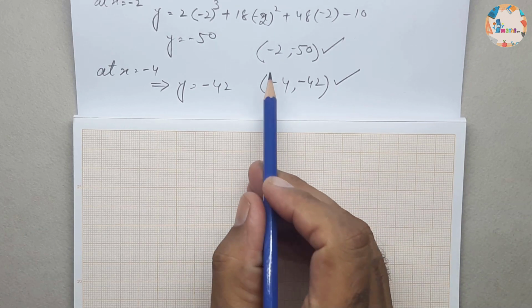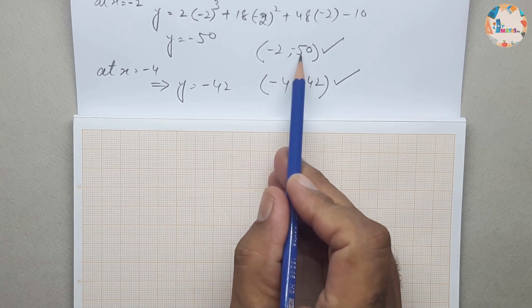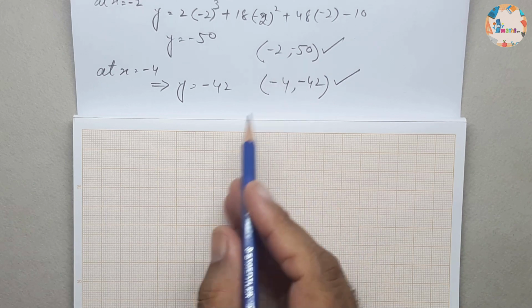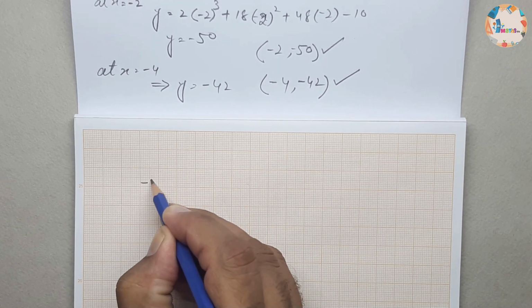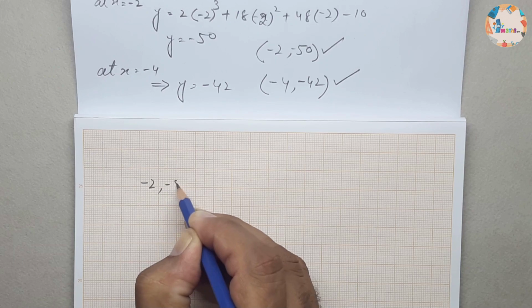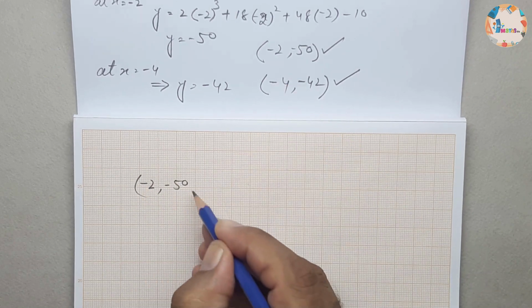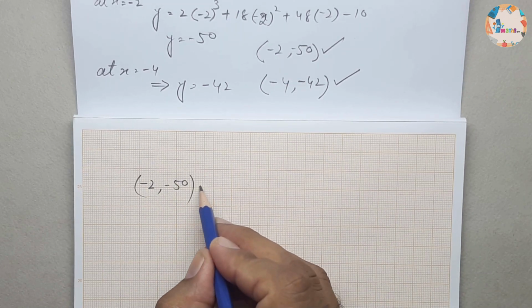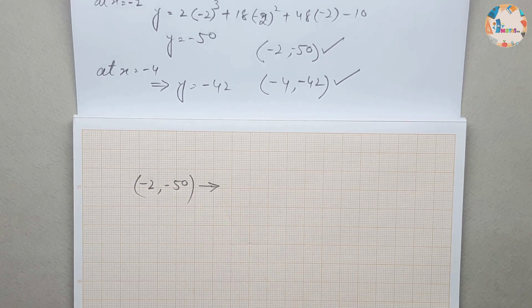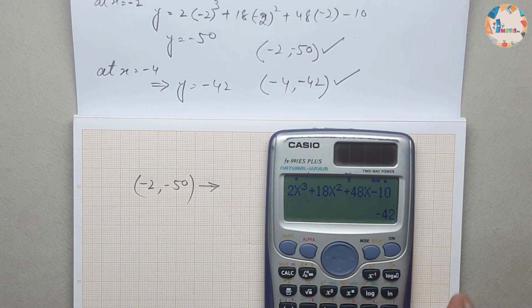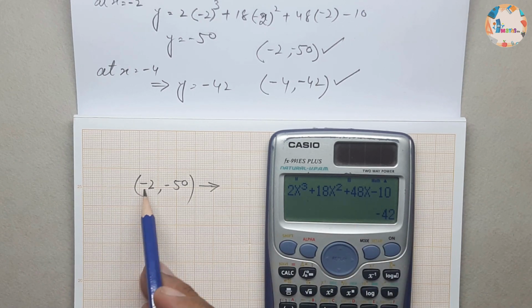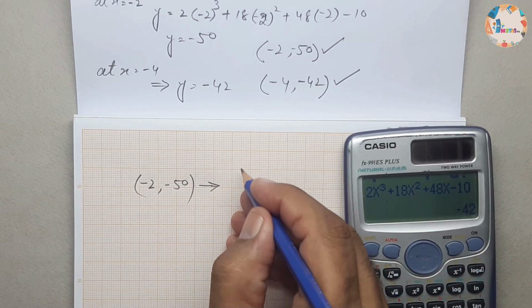So for example, this is the point. We will check first this minus 2 and minus 50. So this is the point. What we can do for this point, we can use this calculator where we have already written this equation. We can take 2 values.